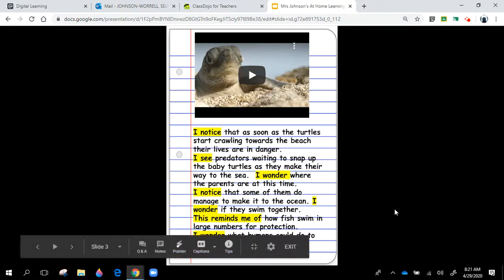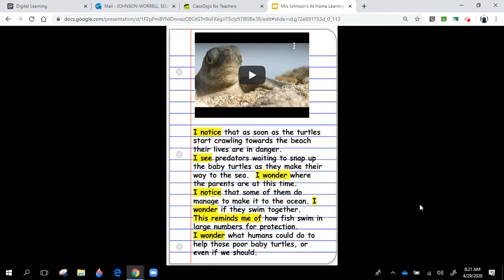Right, so I looked at this video and I noticed that as soon as the turtles start crawling towards the beach, their lives are in danger. I see predators waiting to snap up the baby turtles as they make their way to the sea. I wonder where the parents are at this time. I noticed that some of them do manage to make it to the ocean. I wonder if they swim together.